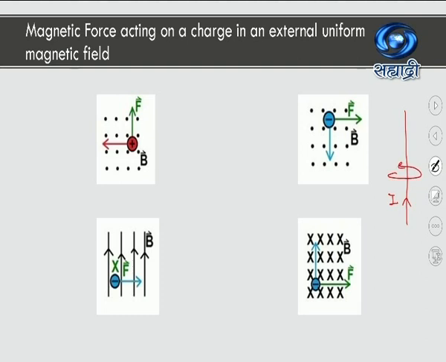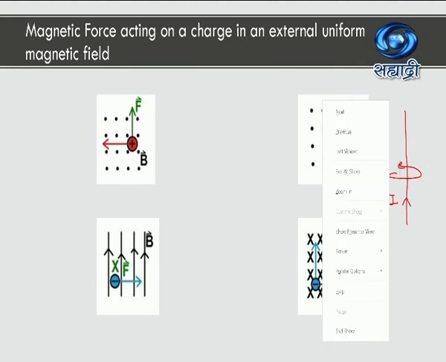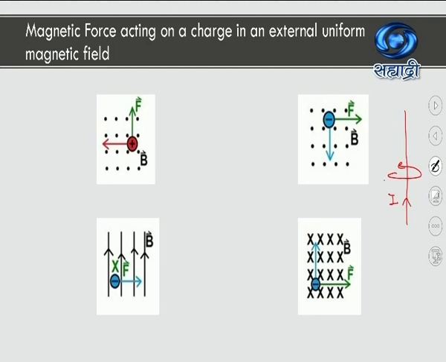Am I right? So I have certain positions to show you the direction of these magnetic fields. Let me call those points A, B, C, that is, back of the wire, and front of the wire.